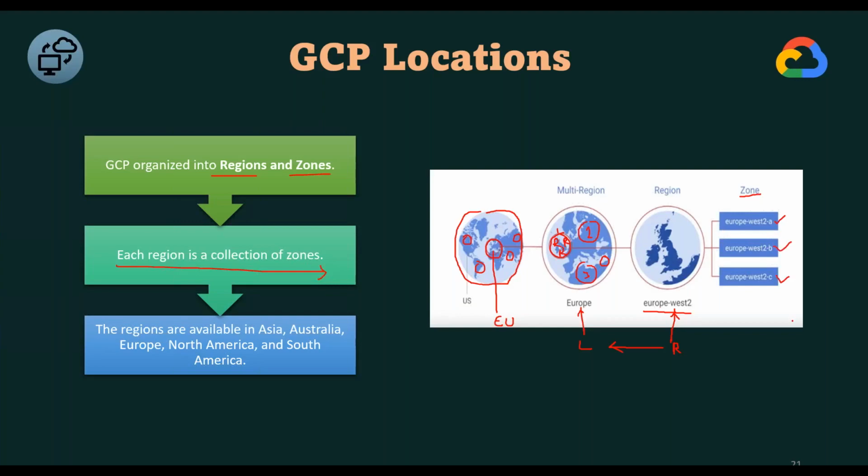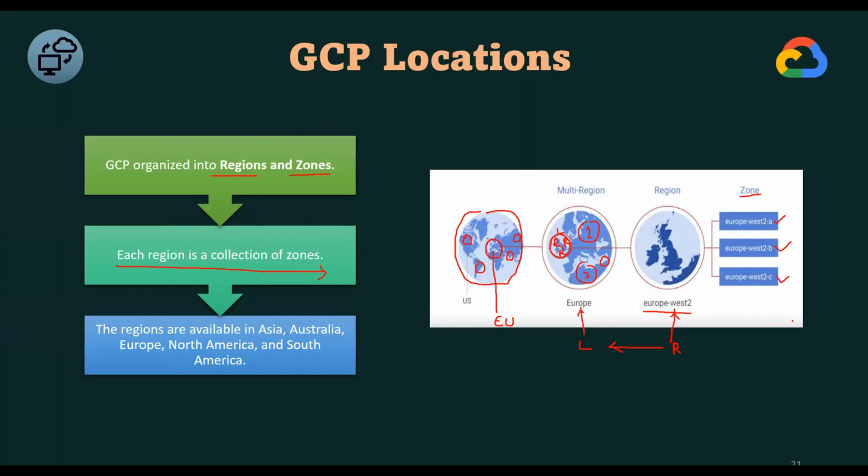So this is the nomenclature. You will understand two things here: how the locations are divided, how the regions are divided, and how the zones are divided, and you will also understand the nomenclature. So Europe West 2, Europe West 1, Europe West 3, Europe West 4 are the regions inside Europe.